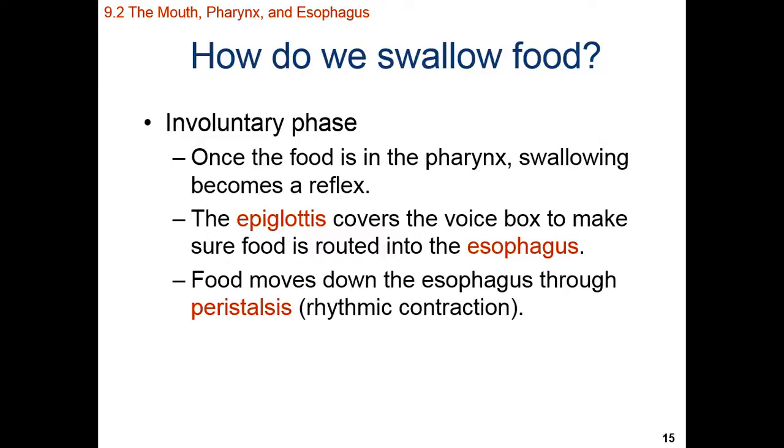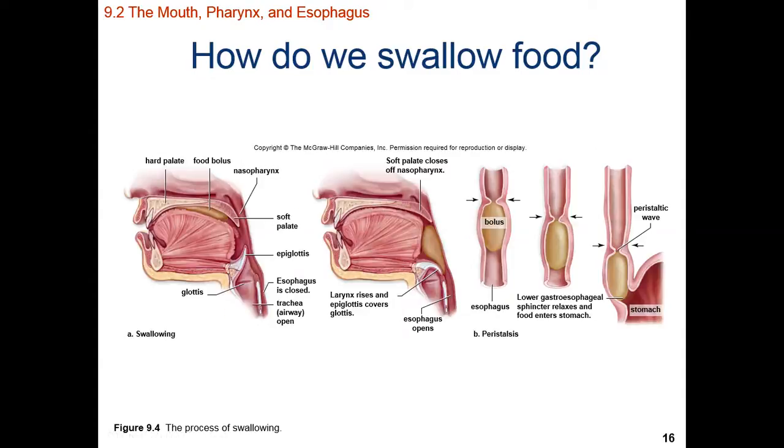And when that happens, it's because the epiglottis did not fold back like it was supposed to. When the epiglottis does fold back like it's supposed to, food will be directed into our esophagus. Once that food gets into the esophagus, we'll have a rhythmic one-way contraction called peristalsis that will move the food towards the stomach and through our digestive tract.